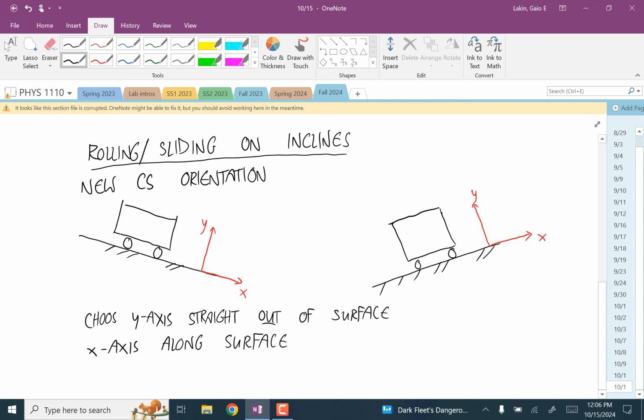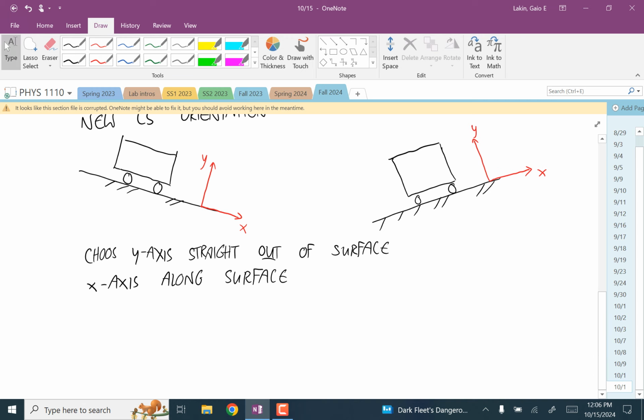Why are we going to do this? Well, these problems are perfectly possible to solve without using this funny coordinate system. But it's worth noticing that we're just going to do this because it makes things easier for us. So this is going to make the math easier.